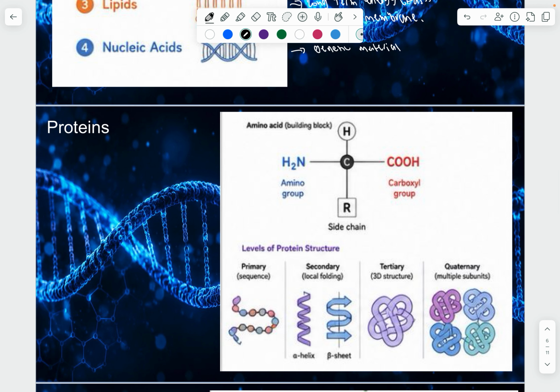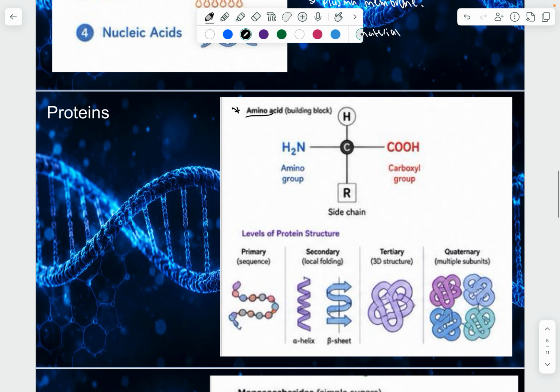The same way we say that the cell is the smallest component of a living organism is the same way we say that amino acids are the smallest component of a protein. So amino acids are the building blocks of proteins. Very important for the MCAT to know the structure of an amino acid.